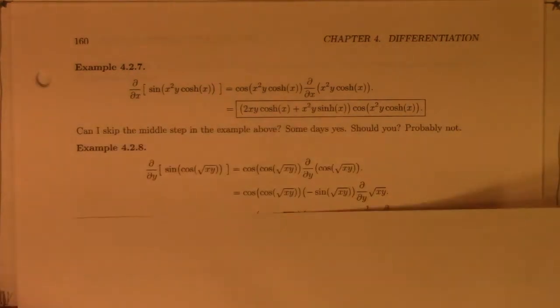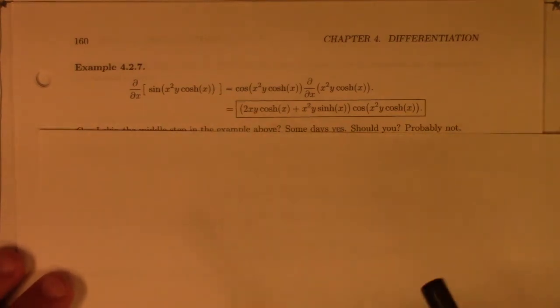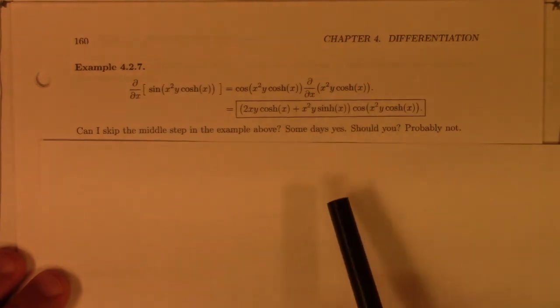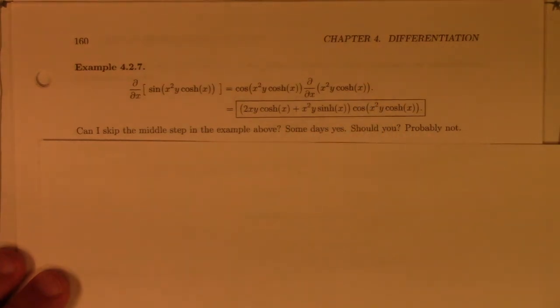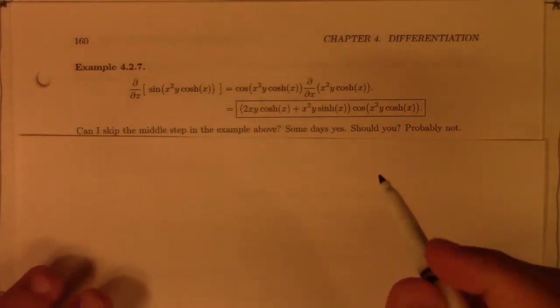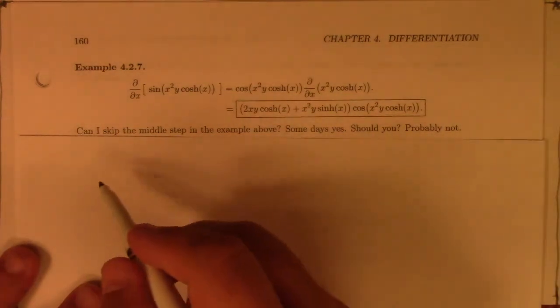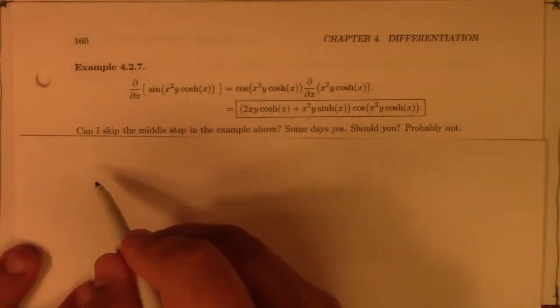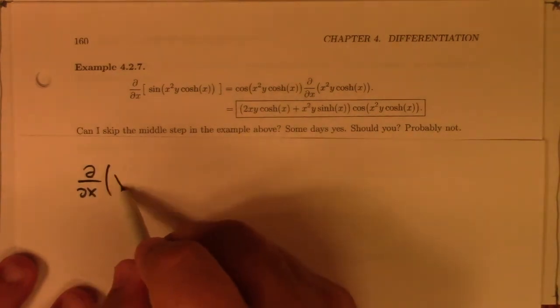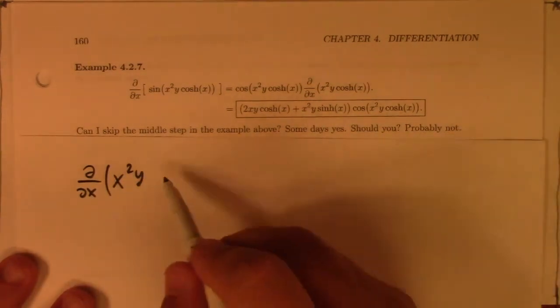And so, what do I say? I say, can I skip the middle step above? I say some days yes, some days not. Should you? Probably not. So, in other words, I'm inviting people who read my notes to actually work that out. That's what that comment means. And I'll work it out for you right here. Partial x of x squared y cosh x.